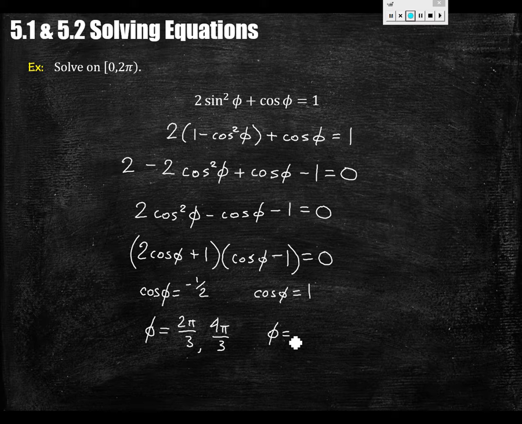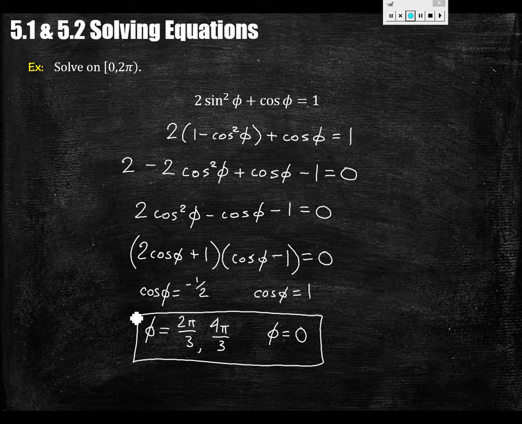Or cosine is 1. When does that happen? When phi is 0. On this half-open interval, I think 0 works, and that's it. Okay. So we have only 3 solutions on this half-open interval.